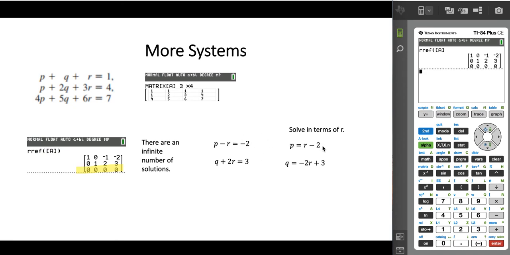So P is equal to R minus 2, and subtracting 2R from both sides, Q is equal to negative 2R plus 3.